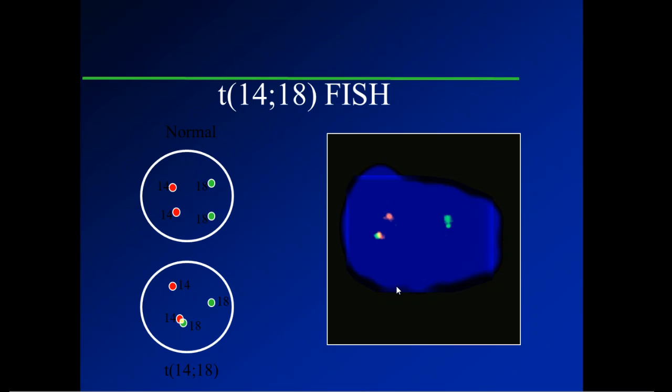Another example, again translocation. Here we have the 18th and 14th chromosome, and also here we have the same. Part of one chromosome becomes part of another. Here, green dot, red dot, and here you see a combination of both dots.